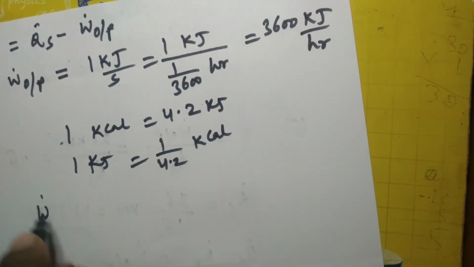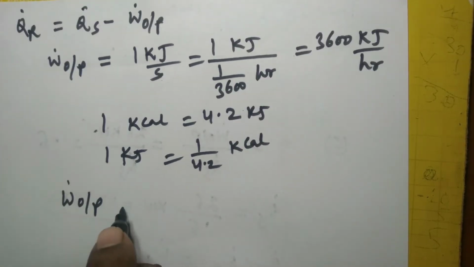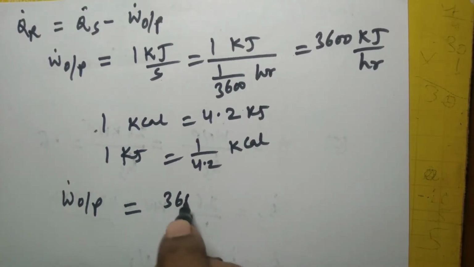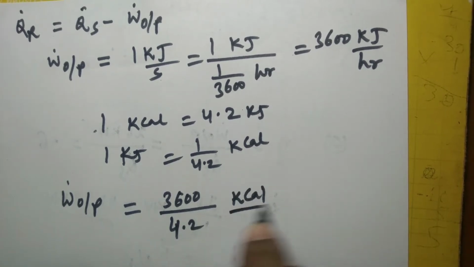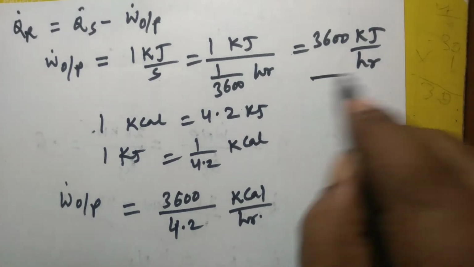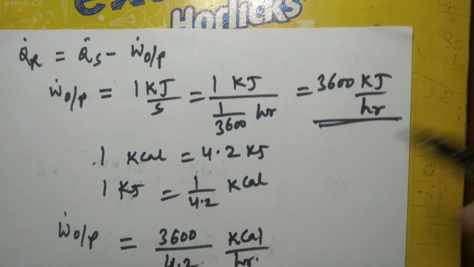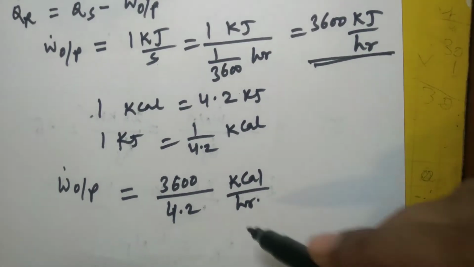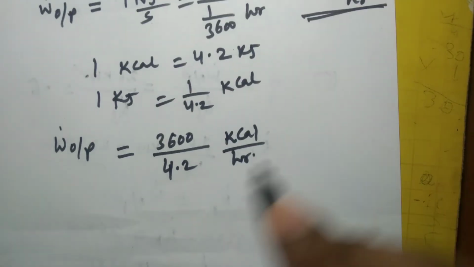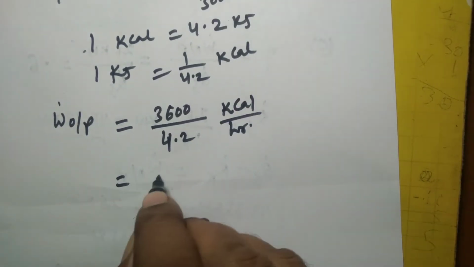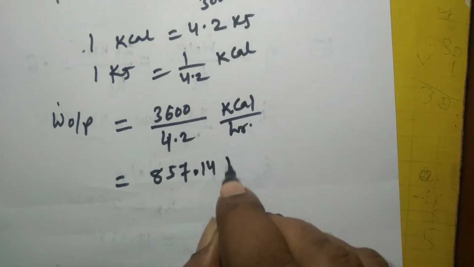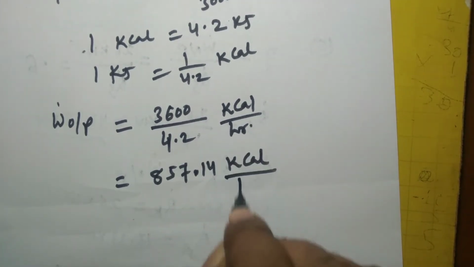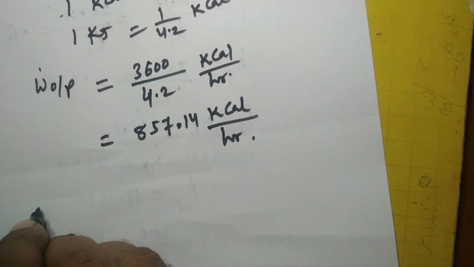So the rate of work output is equal to 3600 divided by 4.2 kilocalorie per hour, because it is 3600 kilojoule per hour, and if you convert that kilojoule into kilocalorie, it will be like this, and this is equal to 857.14 kilocalorie per hour.